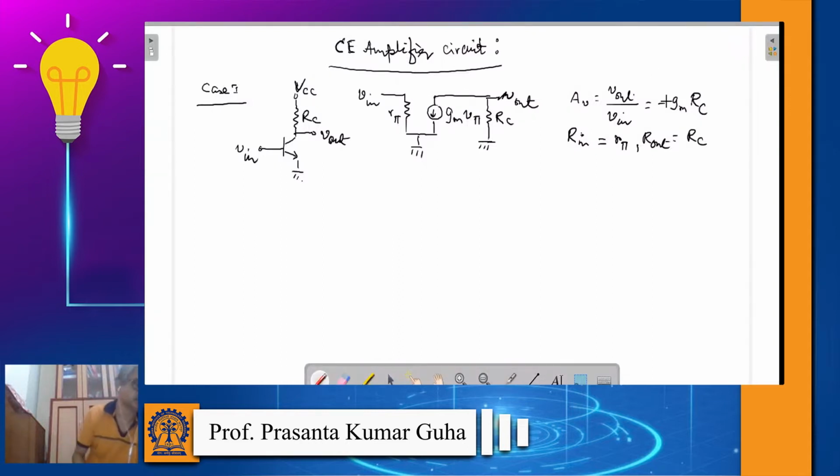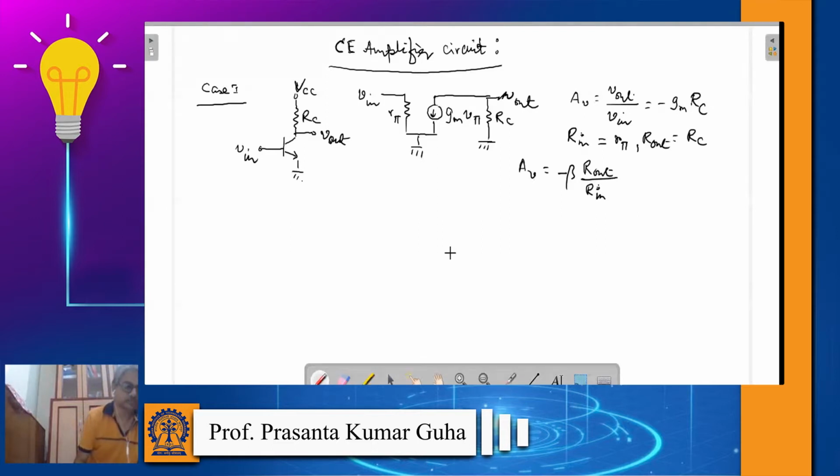These things we have discussed in the last class, and it is possible to show that AV is minus beta R out by R in, right?